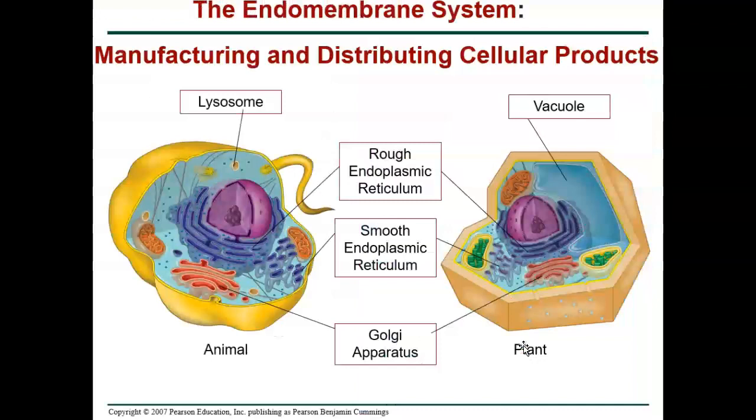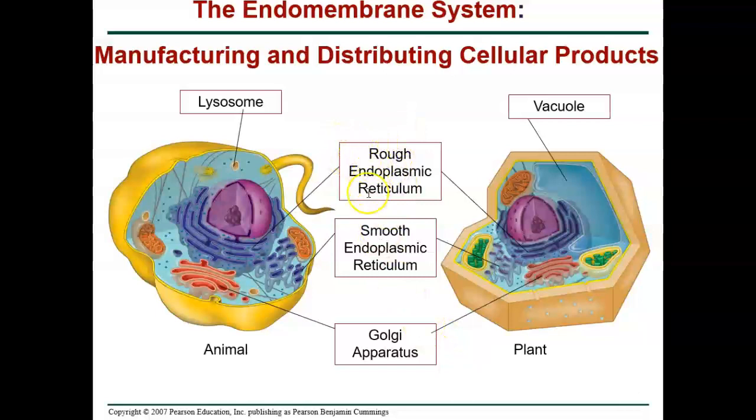So the endomembrane system. Now if you switch back to your first page of the Chapter 4 study guide, you've got on your terms, what is the endomembrane system? So the endomembrane system, you can think of it as the manufacturing and the distributing of cellular products. And the endomembrane system includes all of these organelles.